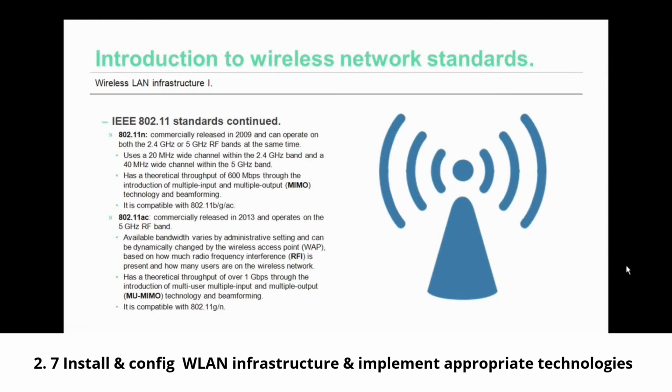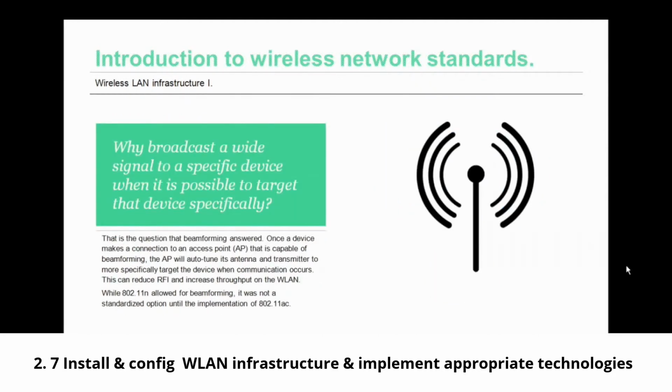The available bandwidth varies by administrative settings and can be dynamically changed by the wireless access point based on how much radio frequency interference, or RFI, is present and how many users are on the wireless network. 802.11ac has a theoretical throughput of over 1 gigabit per second through the introduction of multi-user, multiple input and multiple output technology, or MU-MIMO technology, and beamforming. 802.11ac is only compatible with 802.11g and N.